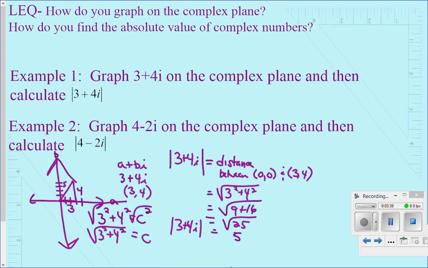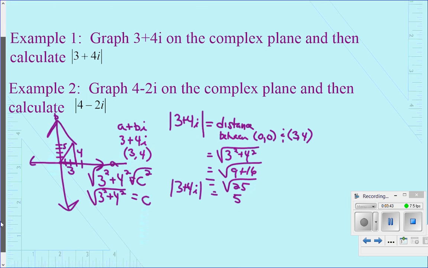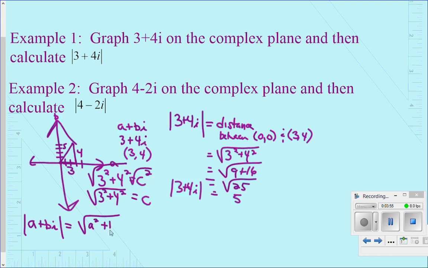In general, if you're looking to find the absolute value of a complex number, a plus bi, you're going to take the square root of a squared plus b squared. Now you don't always have to use the graph and the Pythagorean theorem to get it.